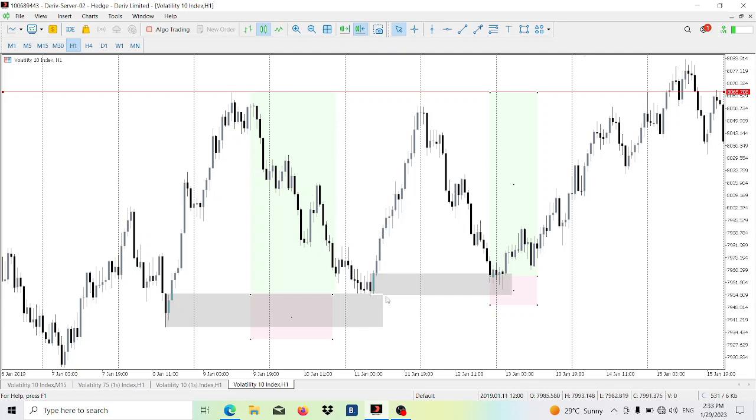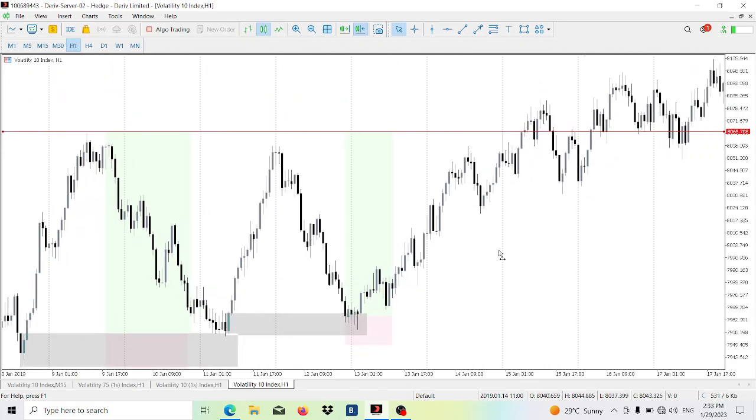Target one. We had a bit of a deep retracement, trying to scare people away, which was also a secondary entry. Could have had an entry right here and a secondary entry right here.